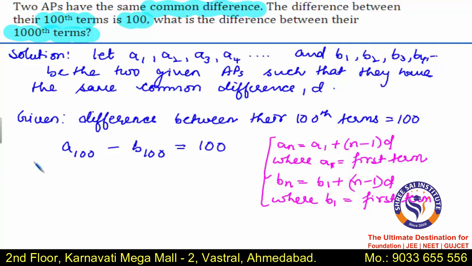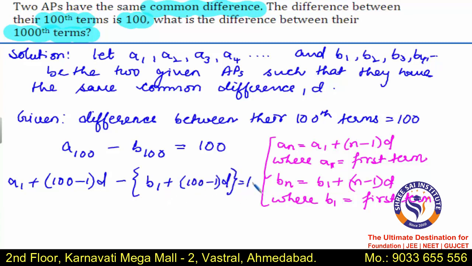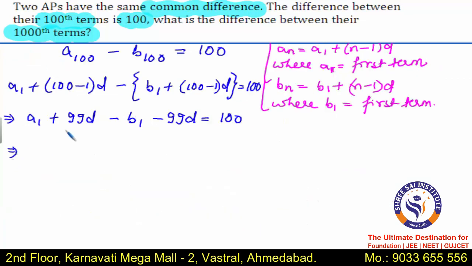Therefore, this can further be written as A1 plus 100 minus 1 into D minus of B1 plus 100 minus 1 into D is equal to 100. This further implies A1 plus 99D minus B1 minus 99D is equal to 100. This further implies 99D cancels out with minus 99D. We have A1 minus B1 is equal to 100.